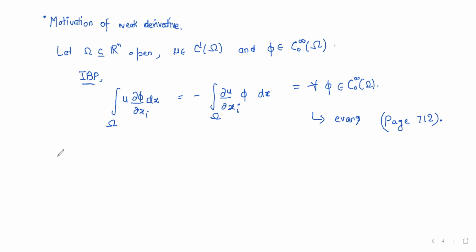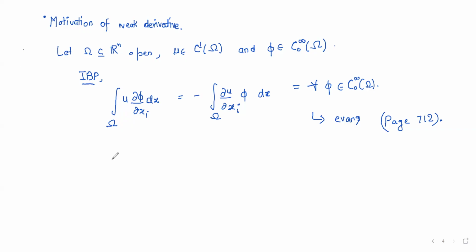Now I will generalize this integration by parts if we have C^k(omega). I will iterate the same integration by parts k times, and I will get a different notion of integration by parts, assuming that u is in C^k(omega).